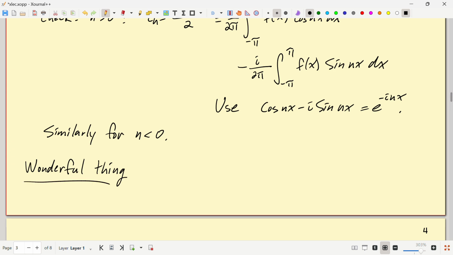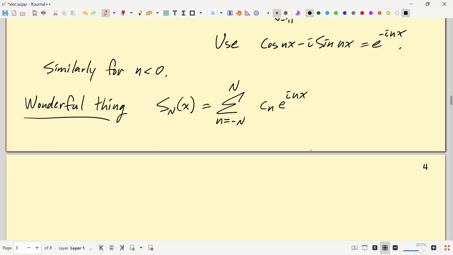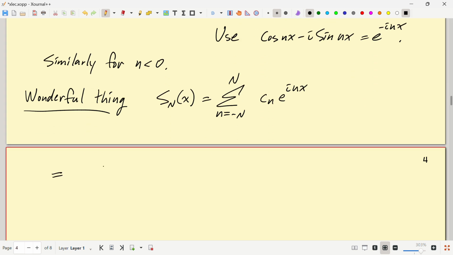that's right. So now that I know this complex version of my Fourier series, the partial sum is a sum as n goes from minus N to N of Cn e to the inx. Okay, and the Cn now, I know, let's see, the Cn is 1 over 2 pi, integral from minus pi to pi.